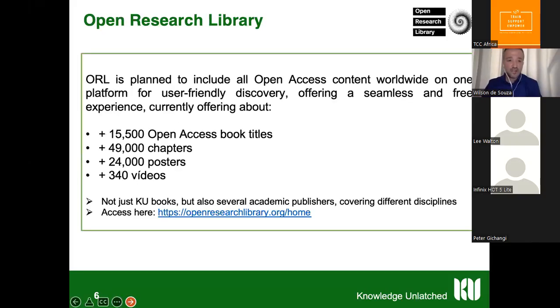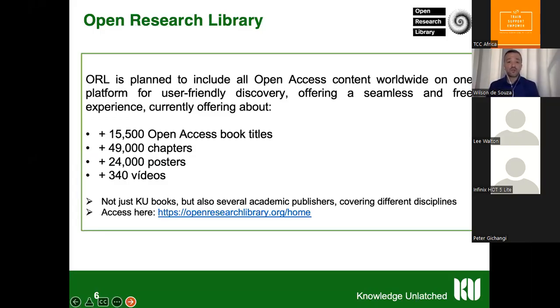So finally, getting to the main point: what is the Open Research Library? The Open Research Library is planned to be a central hosting platform for open access content. But I'd like to highlight that, as I presented, we have made 3,000 books open access via Knowledge Unlatched, but the Open Research Library has not just the KU books, but also a wide range of books from different publishers.